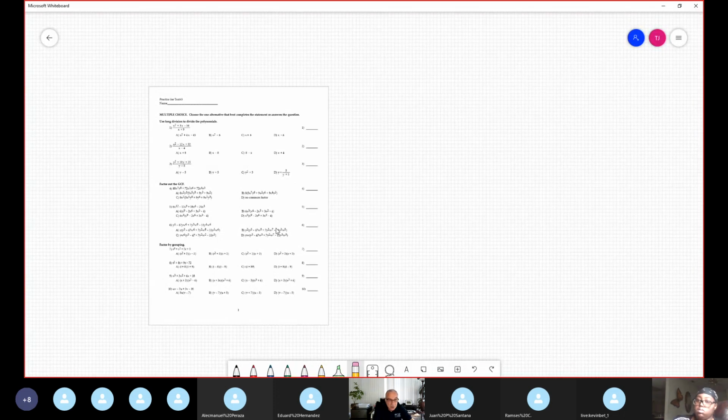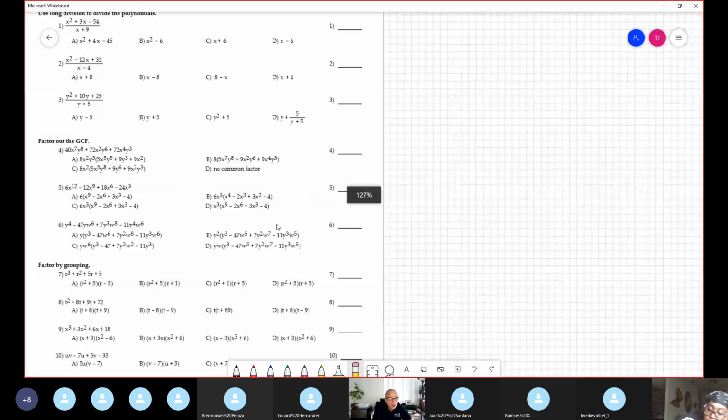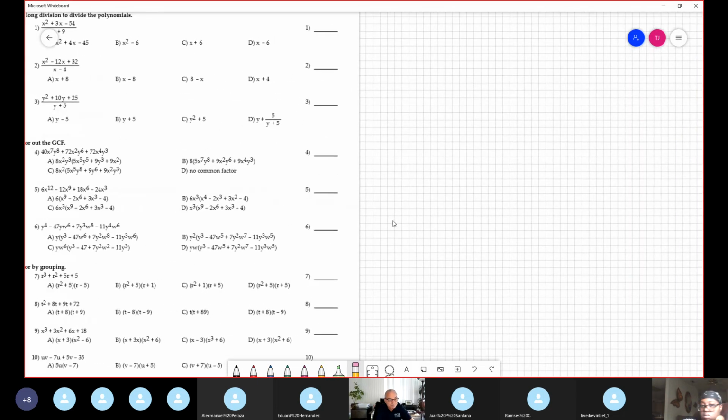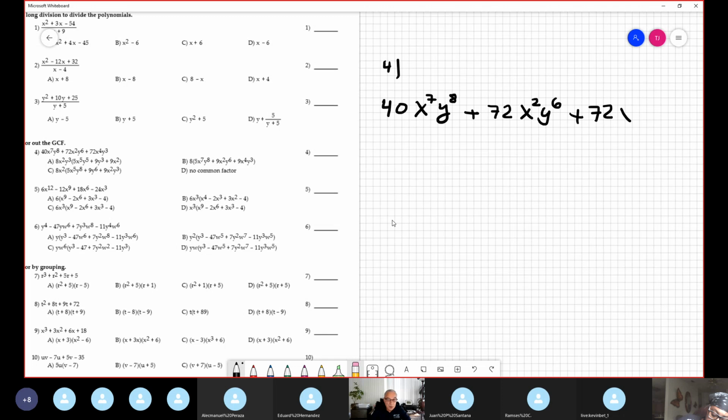Okay, let's pay attention and make a zoom. I suppose that everyone has received this package. We are doing number 40: 40x^7y^8 plus 72x^2y^6 plus 72x^4y^3.